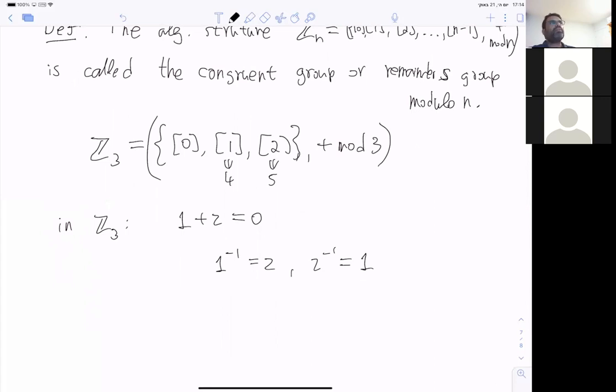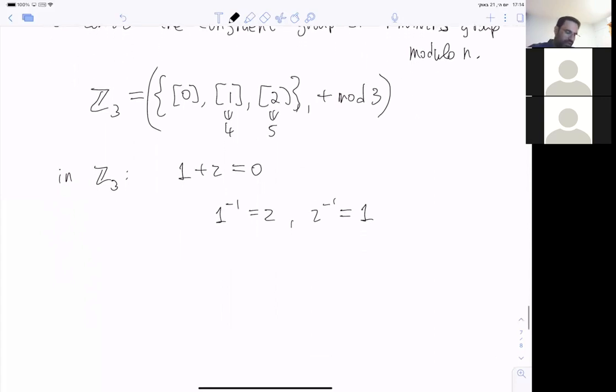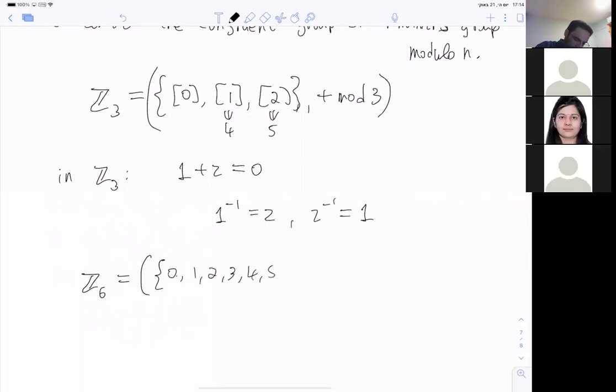So this is the remainder modulo n group. Let's see just one more example, Z6. I'm not going to write these brackets again. Sorry, why is 1 plus 2 equal to 0?